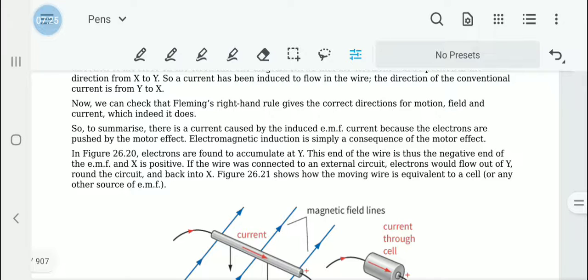So when it is connected to a circuit, electrons would start flowing out of Y around the circuit, and again will return to X.